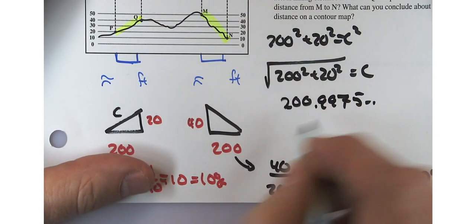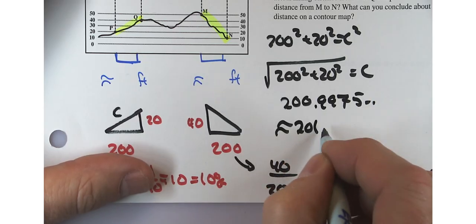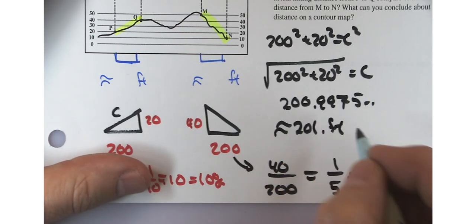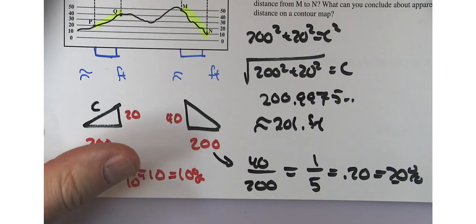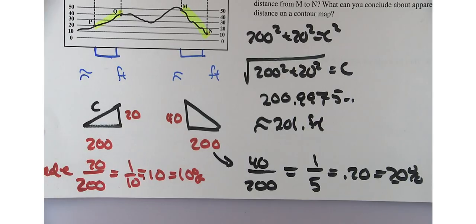So about 201 feet. Try and do the same thing for the other one. See if that makes a big difference or not, going up at a little steeper angle. I'm guessing that it's not going to make a huge difference, but we'll see.